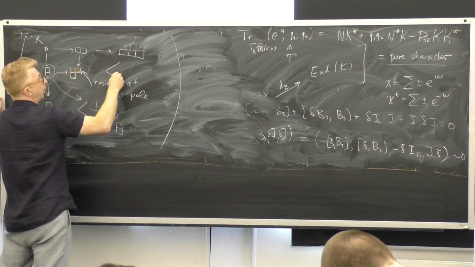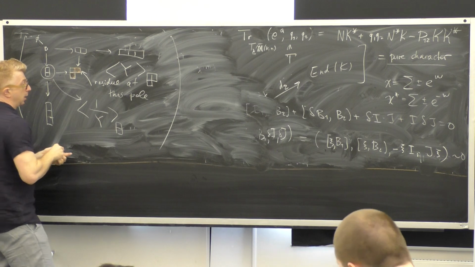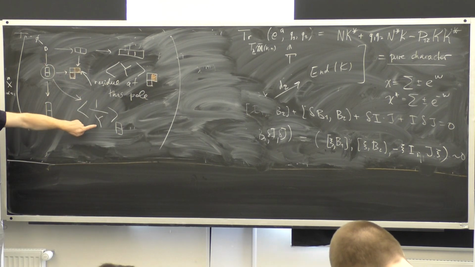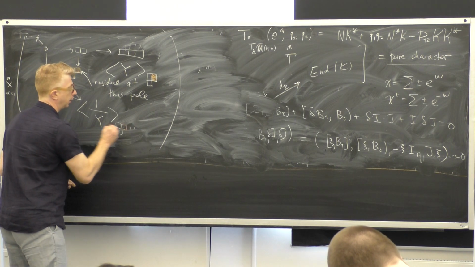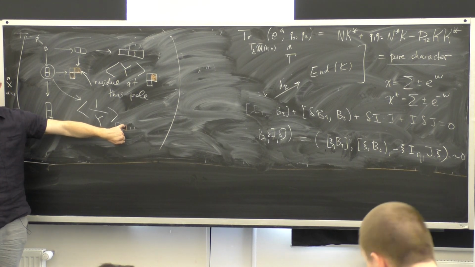So the residue of y at this pole is related to the residue of that expression at the pole corresponding to the content of a square you can add to this point.